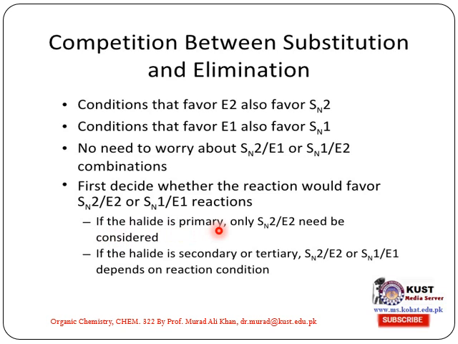If the halide is primary, only the SN2 or E2 reactions are possible. If the halide is secondary or tertiary, both SN2 or SN1 are possible depending upon the conditions of the reaction.